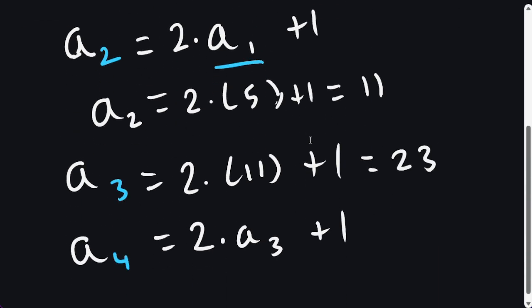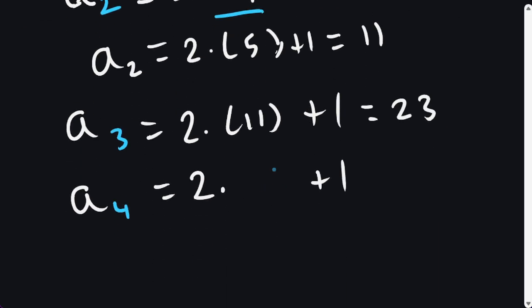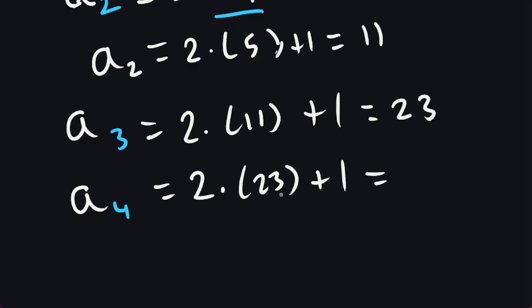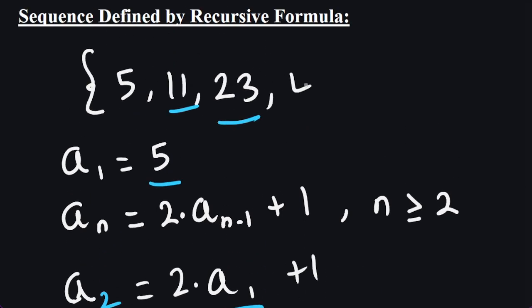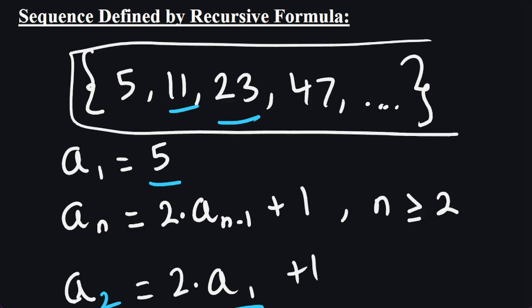So we replace a sub 3 with 23. What's 23 times 2? That is 46, plus 1 is 47. So a sub 4 is 47. And then dot, dot, dot. Let's close this. And there we go. That is a sequence defined by a recursive formula.